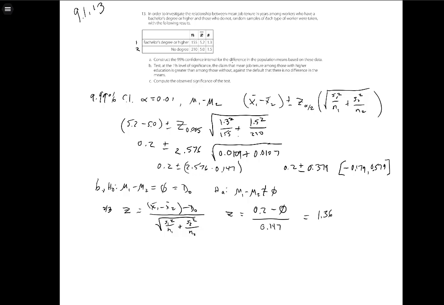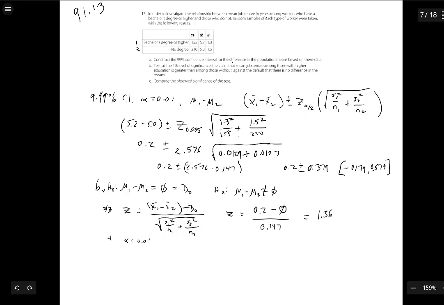Our fourth step is to compute the critical value region, the rejection region for our hypothesis test. Since we're doing our hypothesis testing at a 1% level of significance, our alpha equals 0.01.